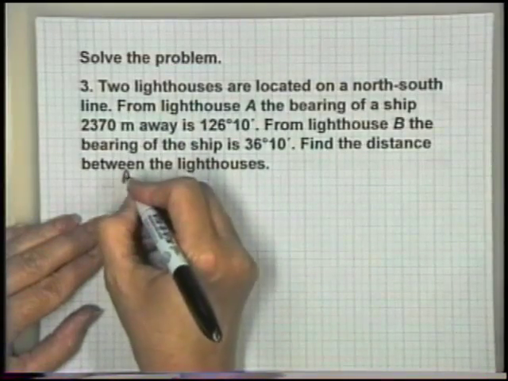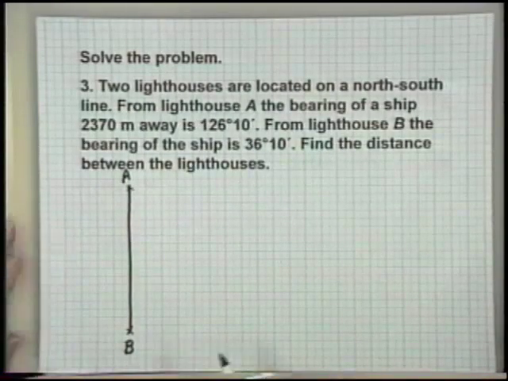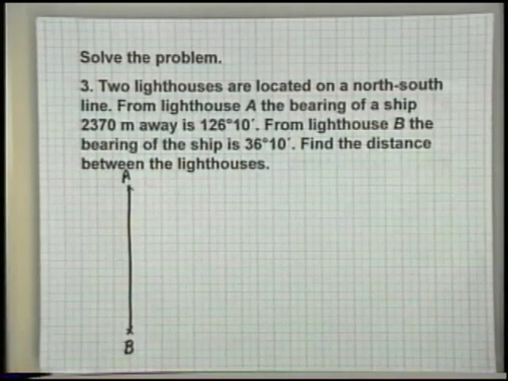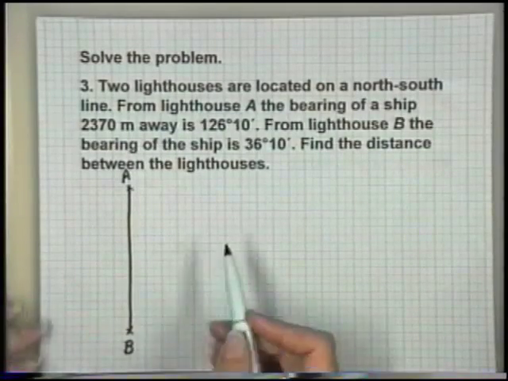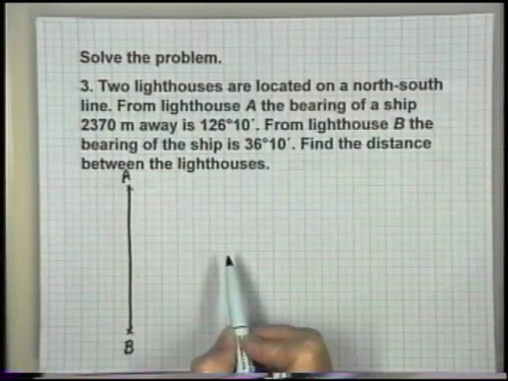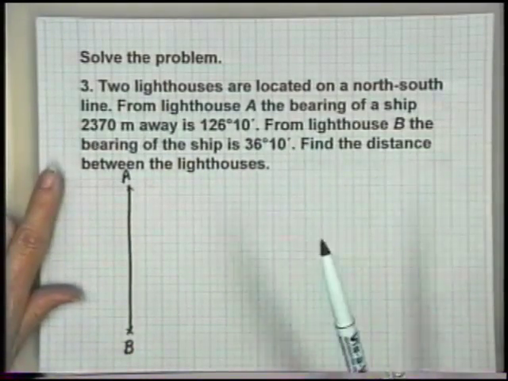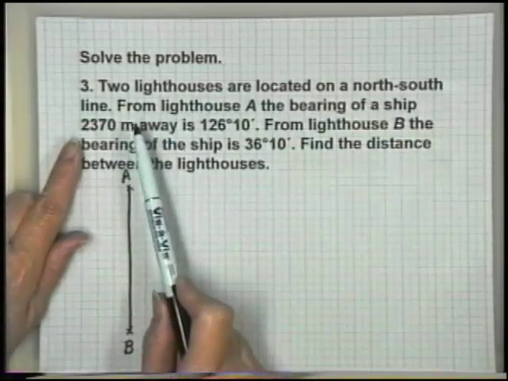And I'm going to put lighthouse A there and lighthouse B there, and that's what they mean by located on a north-south line. And then apparently what I've got is a ship, and it's out here, and they're giving me the directions of the ship from A and from B. So let's see if I can sketch where the ship is.